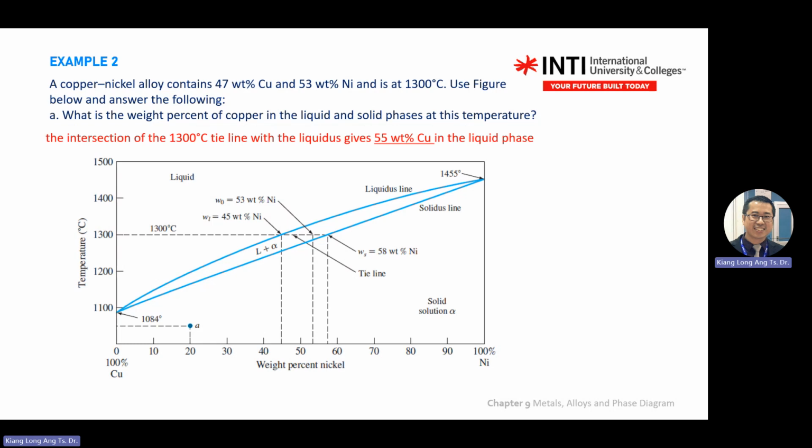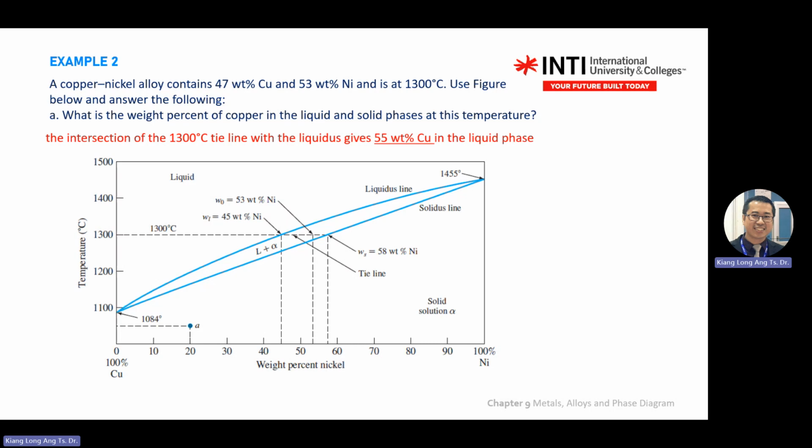For A, the intersection of the 1300 degrees C line will be this one. He asks what is the weight percentage of copper in liquid. This is solid, this is liquid. So he asks, liquid is what? This is liquid L, you labeled it already. You drop down and read the number.